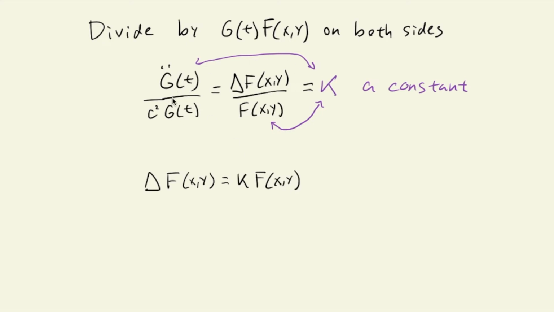And the equation for g is that g dot dot of t is equal to k times c squared g of t. So now we separated the variables. We have one differential equation for t, a different differential equation involving x and y.